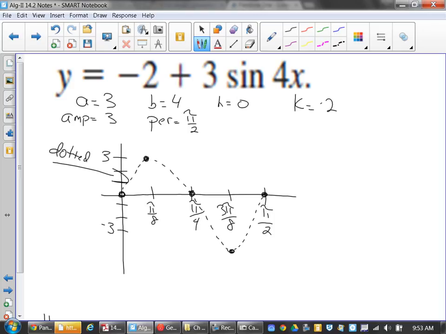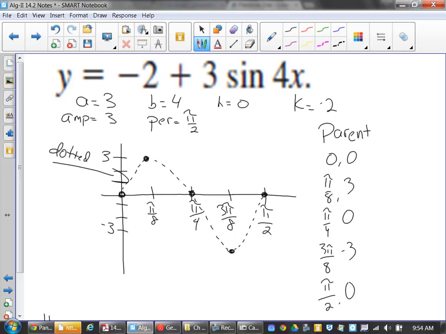Now, we know that your parent function, I'm just going to kind of go the long way here, was at 0, 0, pi over 8, 3, pi over 4, 0, 3 pi over 8, -3, and then pi over 2, 0.